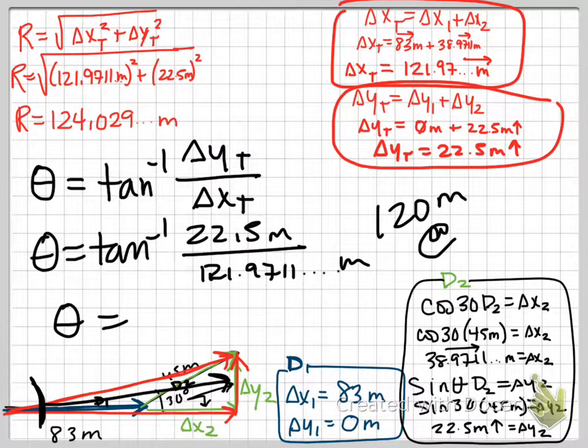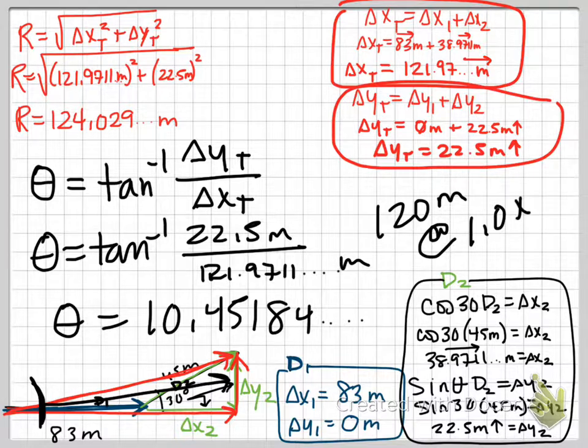And I think that's what did it. So, okay, raw answer 10.45, and it's giving me that in scientific notation too. Okay, so we would have to make this 1.0 times 10 to the first to get 2 sig figs.